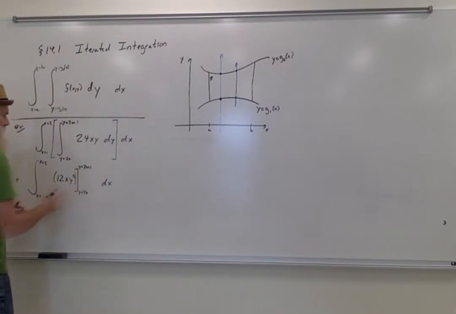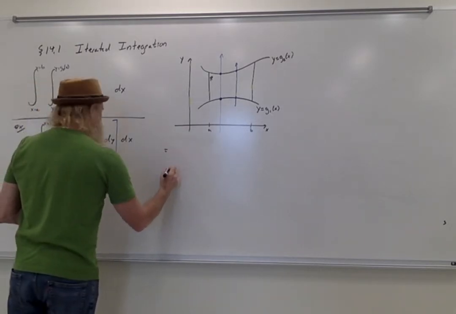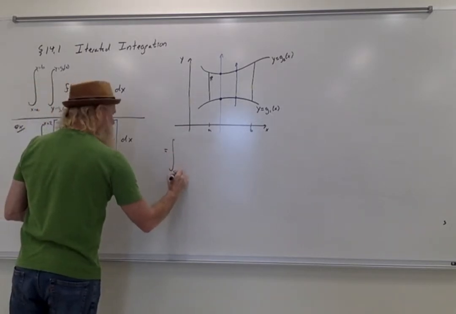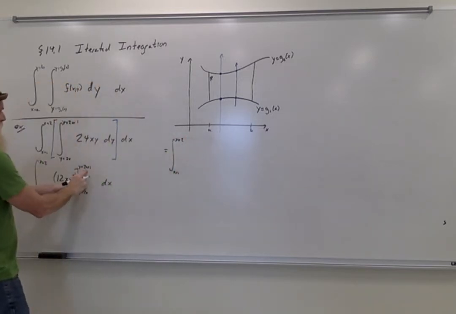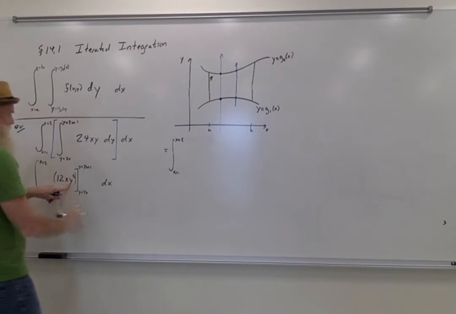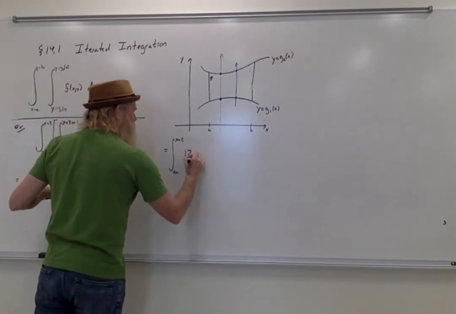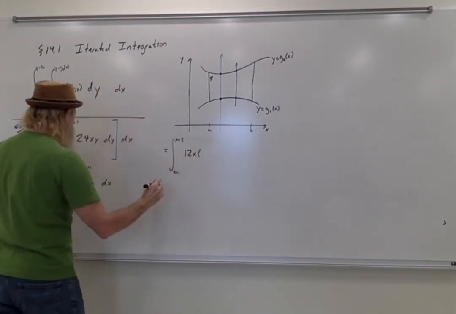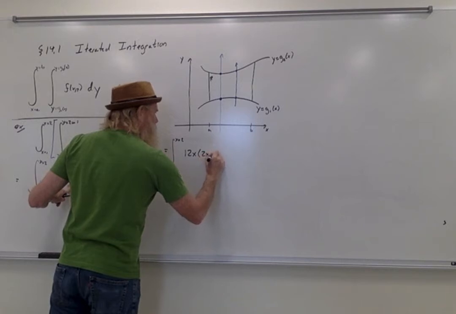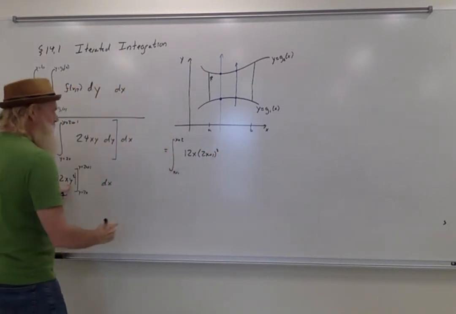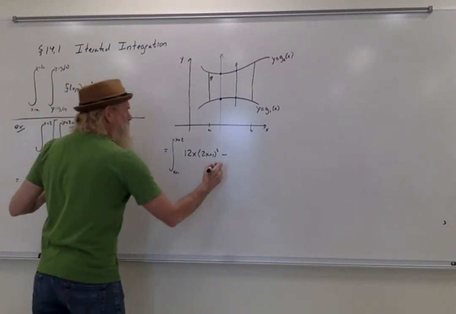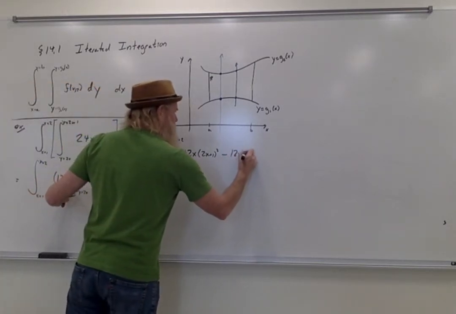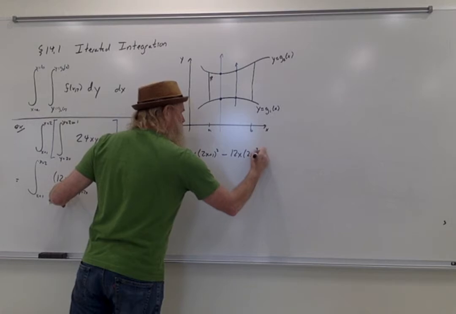So as usual, we'll plug in the two endpoints and subtract. So I'll have the integral from x equals 1 to x equals 2. First of all, I'm going to substitute y equals 2x plus 1 in for the y here. So it'll be 12x times (2x plus 1) squared minus, and then I plug in y equals 2x, 12x times (2x) squared.